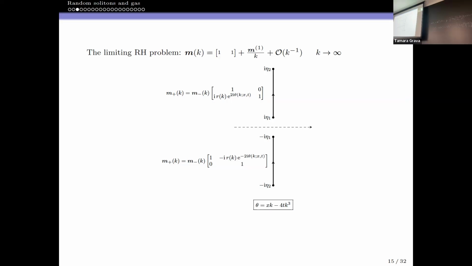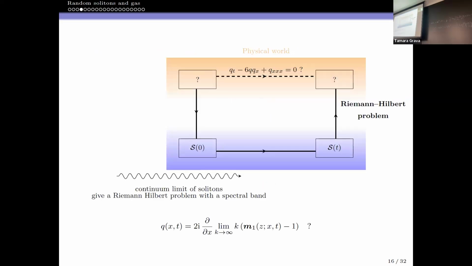This is my soliton gas limit of an infinite number of solitons, and the goal is to understand what this object, what the solution, looks like. I have taken the infinite soliton limit here, and I want to know which kind of initial data I arrive at.